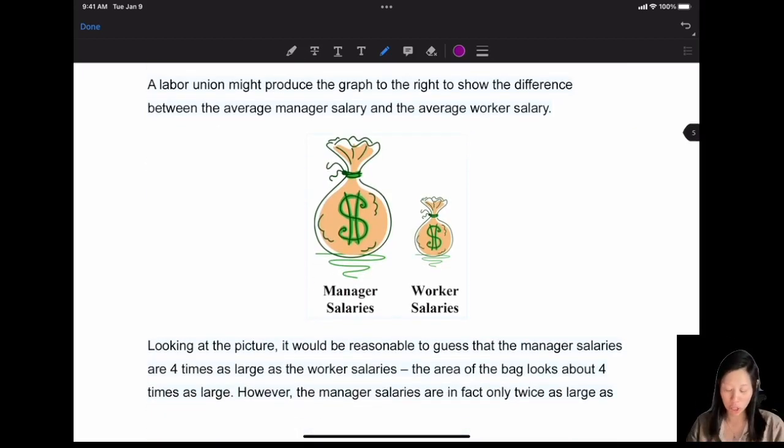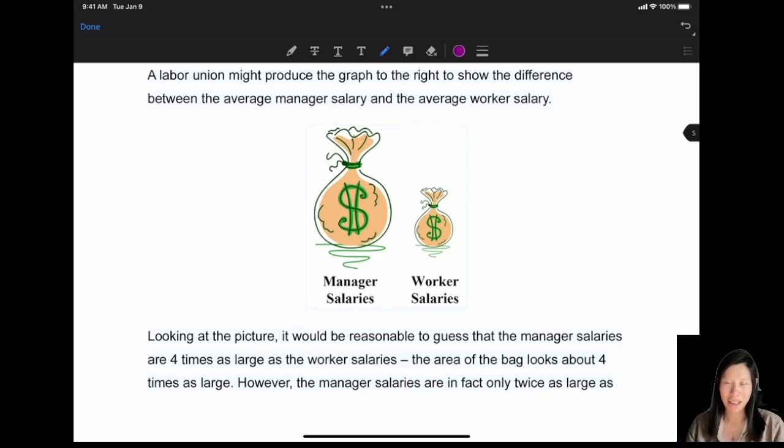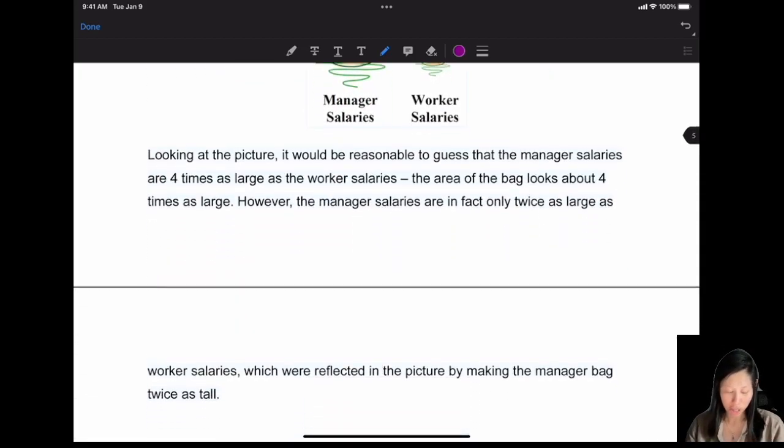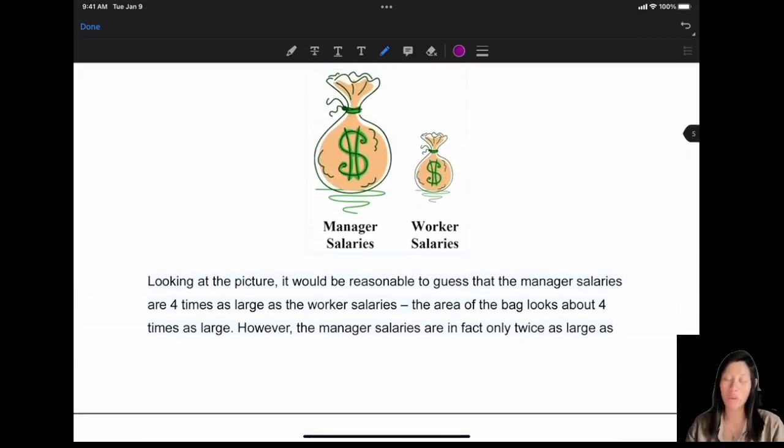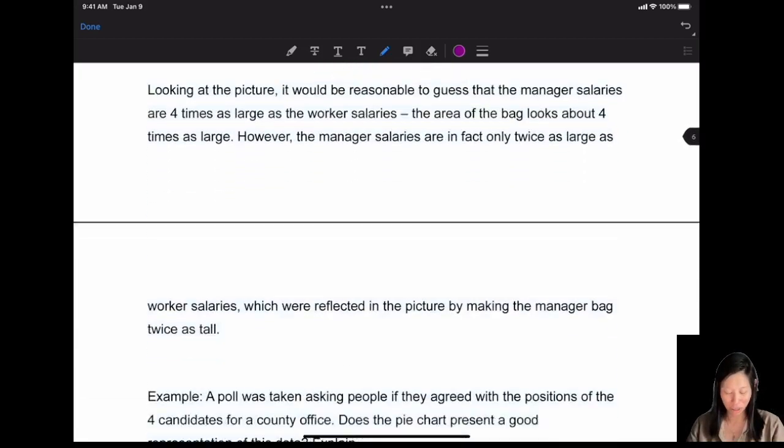When you look at the picture, it would be reasonable to guess that the manager's salary is 4 times as large as the worker's salary. The area of the bags looks about 4 times as large. However, the manager's salary is in fact only twice as large as the worker's salary, which was reflected in the picture by making the manager's bag twice as tall. So this is quite interesting.